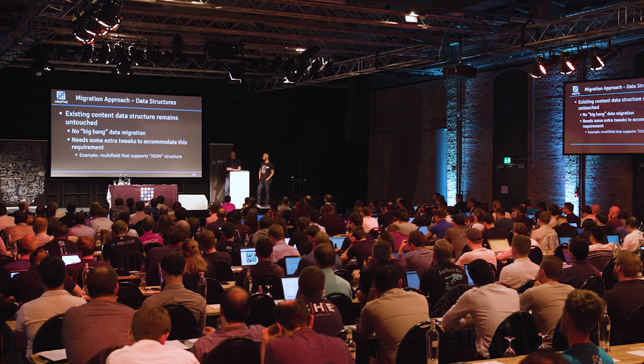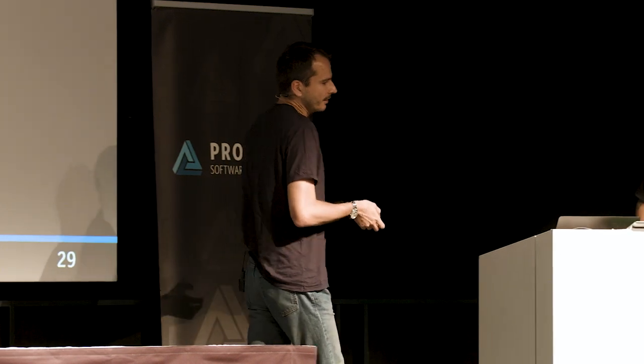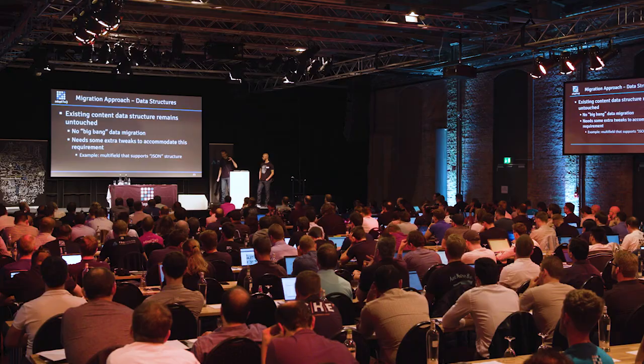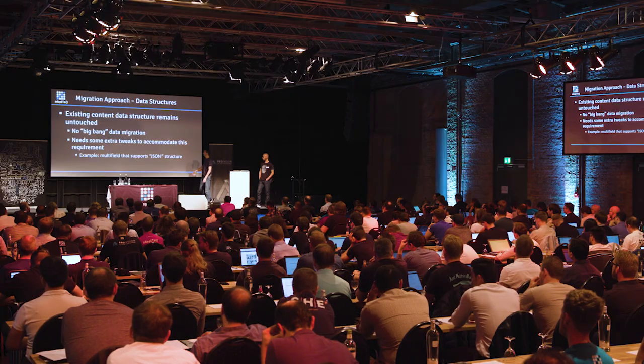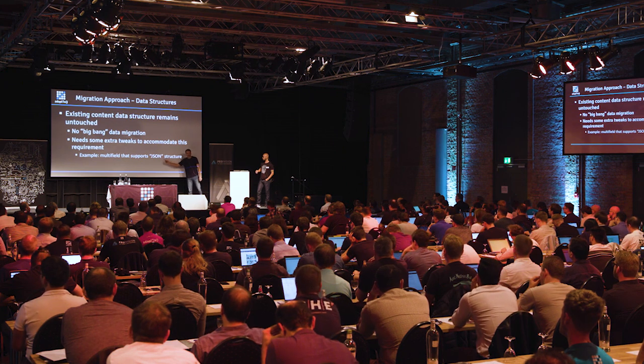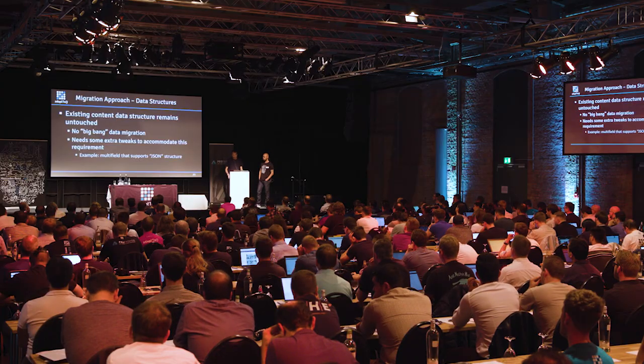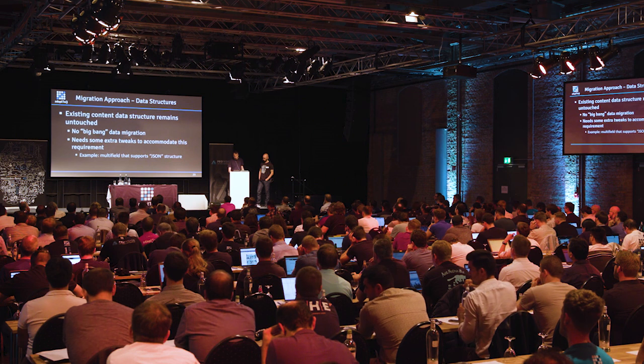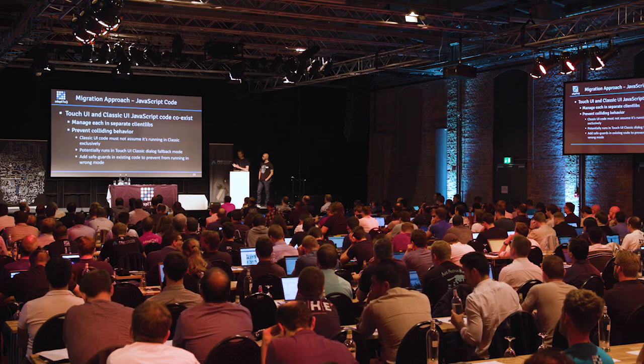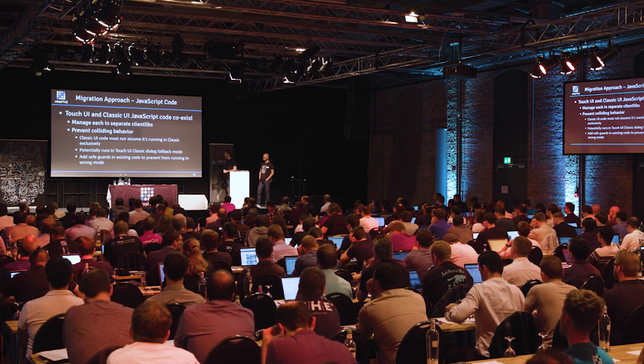So what you need to do here is use the same mechanism we talked about with the overriding example: override the out-of-the-box multi-field, and then inject your code there that can still deal with the previous JSON-like data structure that is expected by Classic UI. Once you do that, you will always be able to switch back and forth between both UIs, which we found, again, in our environment quite useful.